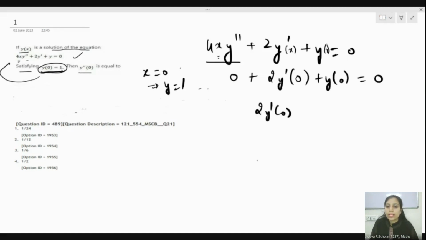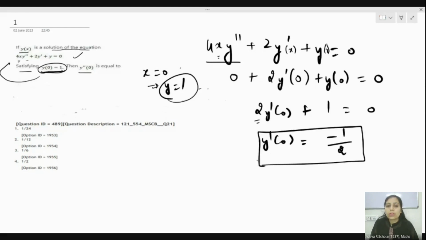Here we have y(0) equal to 1, so 1 is equal to 0. So we get y'(0) = -1/2. But the question wants y''(0).